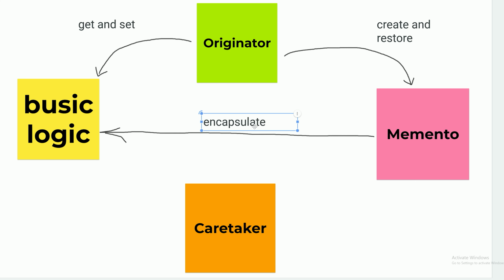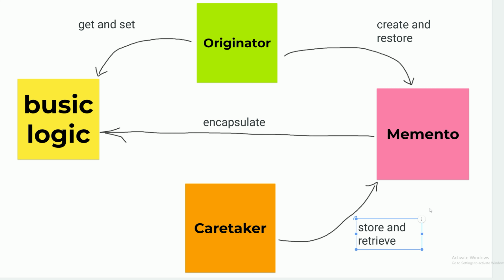Okay, and then lastly, you have something called a caretaker. A caretaker is just a manager for your memories, for your snapshots. So your caretaker has understanding of mementos only. So it's capable of storing them and retrieving the one you need.